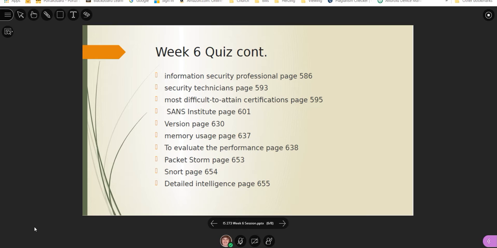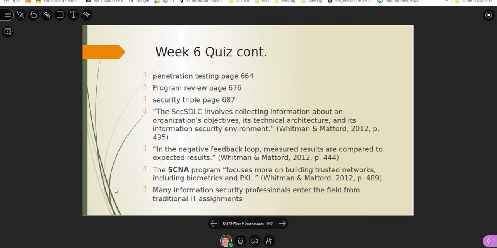Packet Storm, page 653. Snort, page 654. Detailed intelligence, page 655. Penetration testing, page 664. Program review, page 676.